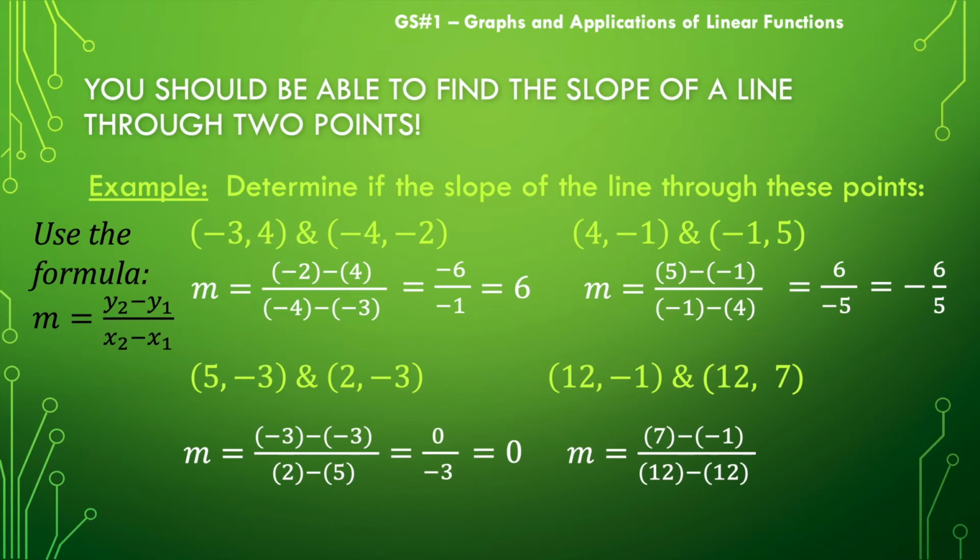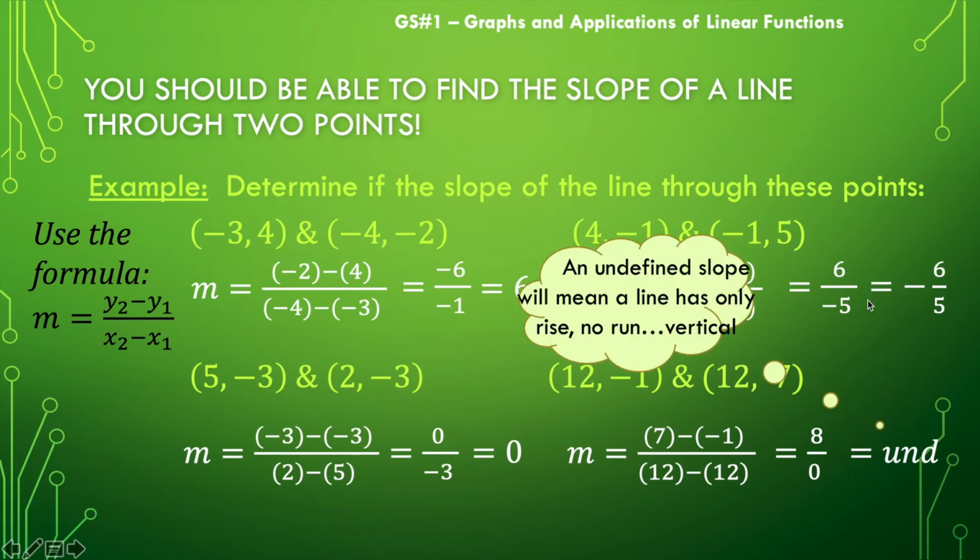And in this case, we would end up with 8 divided by 0. And when we have a 0 in the denominator, we know we can't divide by 0, which means we have an undefined slope. And think about this. This is saying I've got a rise of 8 units, but no run. So in this case, when you have an undefined slope, you will have a vertical line happening.